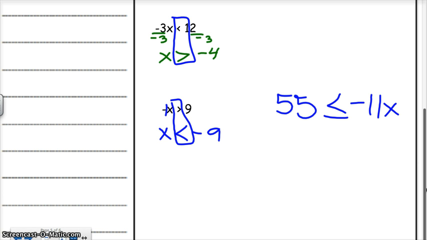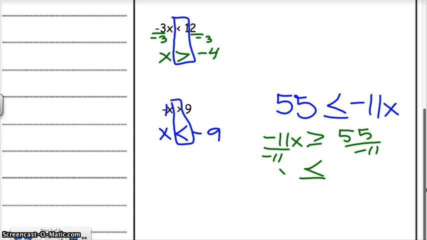I'm still going to say put it to the left. I'm going to just rewrite negative 11x. I'm not MD&Fing anything yet. Open mouth is facing it. Keep it facing it. 55. Now I MD&F it. If I MD&F it, I'm flipping that inequality, and that's done.